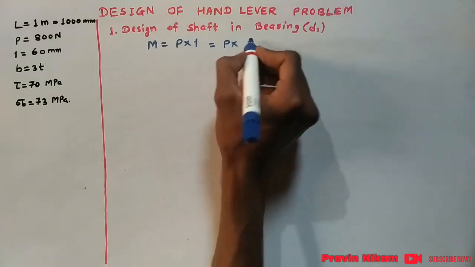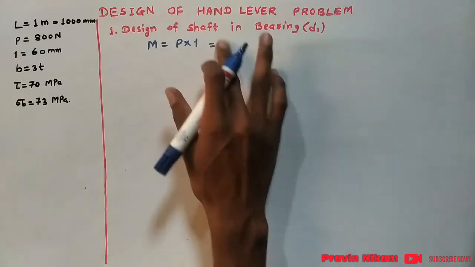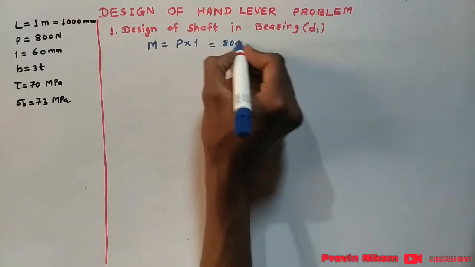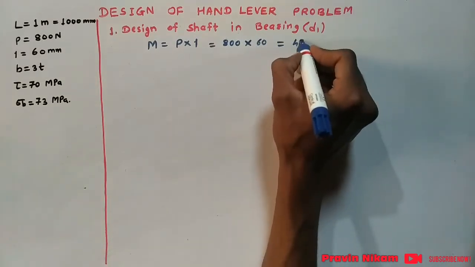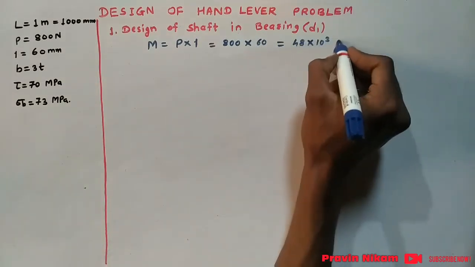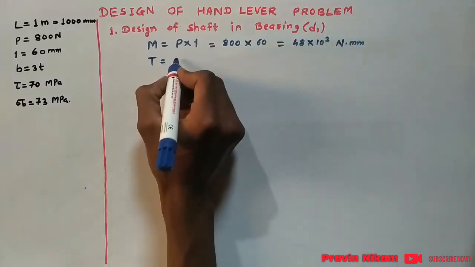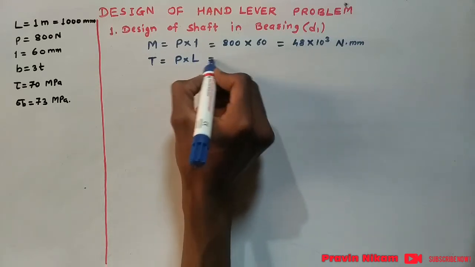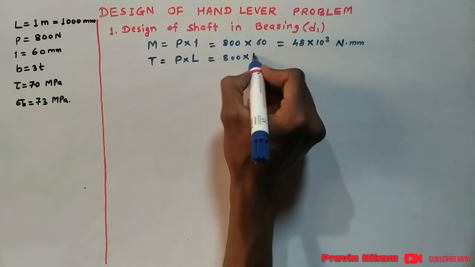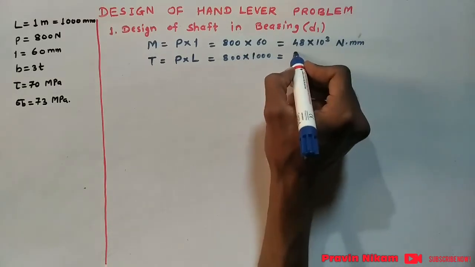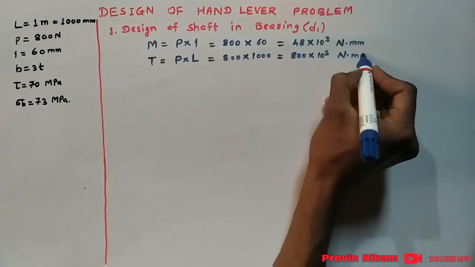So P into small l, P is 800 Newton and small l is 60 mm. So here 48 into 10 raised to 3 Newton mm. Then T is equal to P into capital L. So here 800 and capital L is 1000. So here 800 into 10 raised to 3 Newton mm.